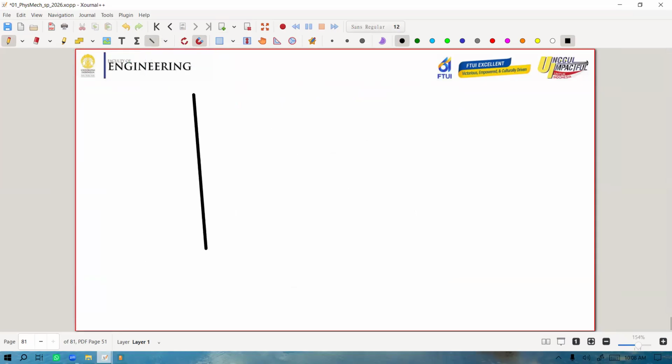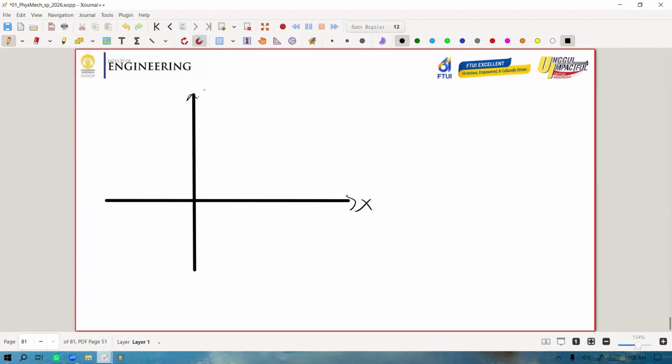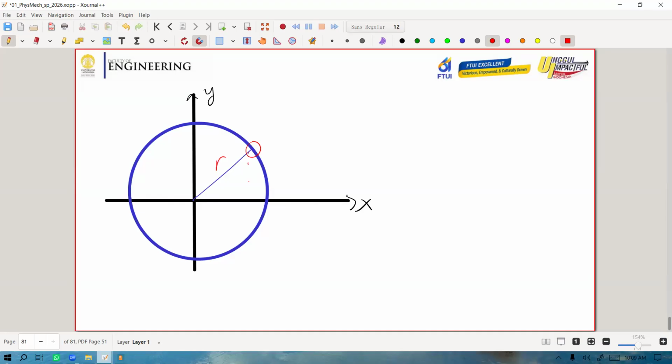Imagine that we have our Cartesian coordinates x and y, and here is the path of particle motion. Imagine that we have a particle at this point, for example. The position of the particle here is R, and we can project it onto the X and Y axes, so here are the X and Y positions.